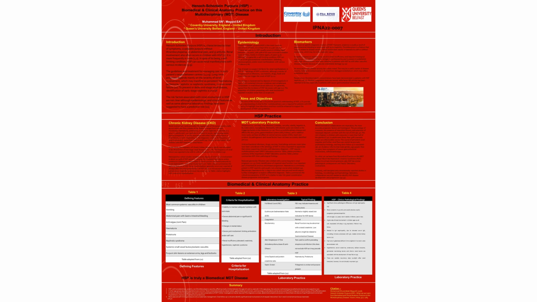From a hematological point of view, both hemolytic uremic syndrome and Henoch-Schönlein Purpura fall under the category where there is microangiopathy, so thinning of the blood vessels, and there can be thrombocytopenia, but also thrombocytosis as well.